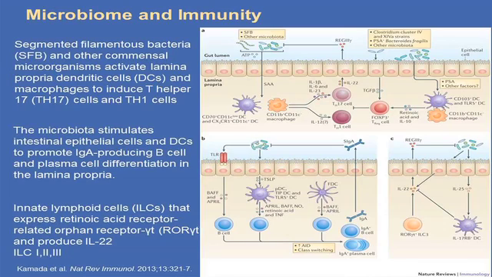So this summary figure from a recent Nature Immunology review reminds us that we are born sterile, and then rapidly acquire this expanded microbiome in our bowel. And that is highly influential in the development of our immune system.